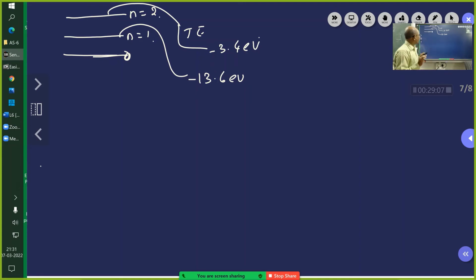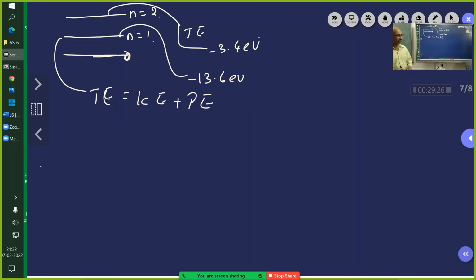Now this total energy, as you know, has both kinetic energy plus potential energy. I suppose all of you know this. Now what is the relation between kinetic energy, total energy and potential energy? Total energy will be equal to minus kinetic energy, and this is equal to potential energy by 2.